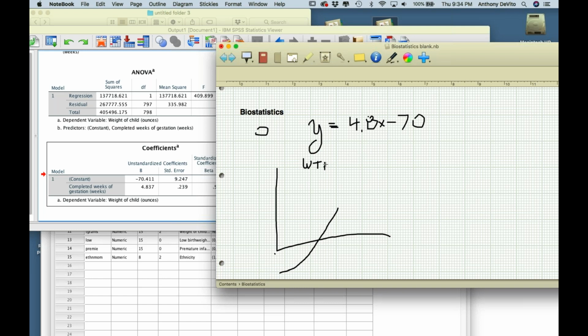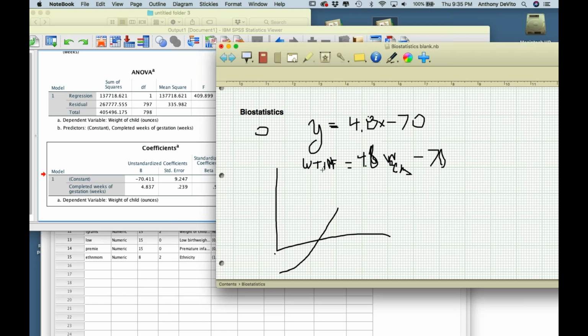The weight of the infant in ounces is equal to 4.8 times x, which is the weeks of gestation, minus 70. So this is a relationship that we have.